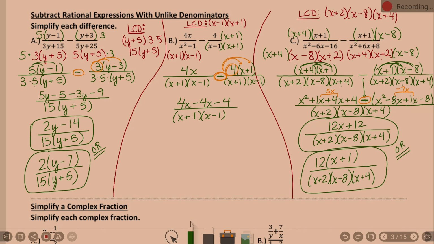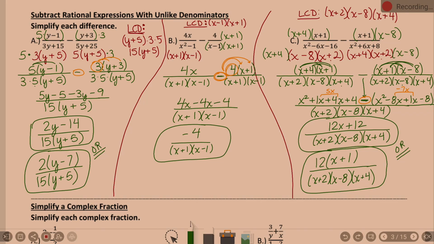And 4x minus 4x cancels. And so you just have negative 4 over x plus 1 times x minus 1. When all you have is a constant on top, you're not going to have anything canceling. You're not going to have anything to factor.